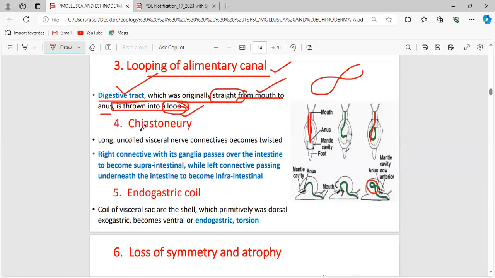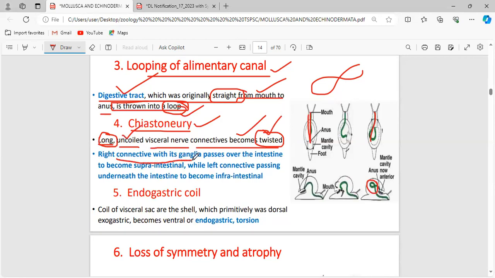Clear? Chiastoneury. This is the term. It represents the nervous system. A long uncoiled visceral nerve connective becomes twisted. Chiastoneury means the nervous system. Initially, it was long uncoiled nerves. Everything will be twisted as a result of torsion.